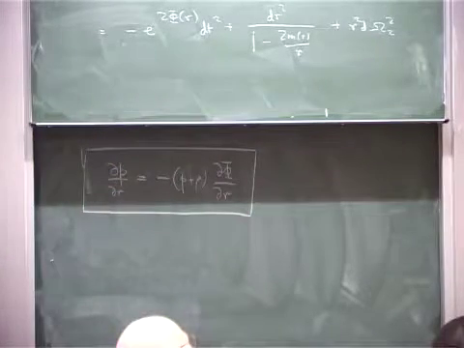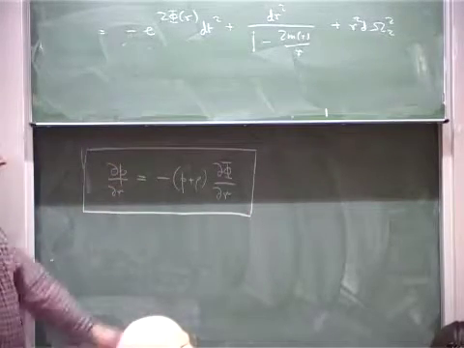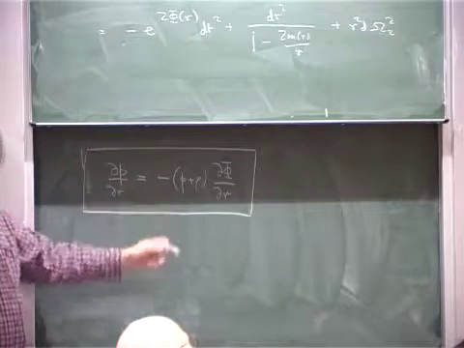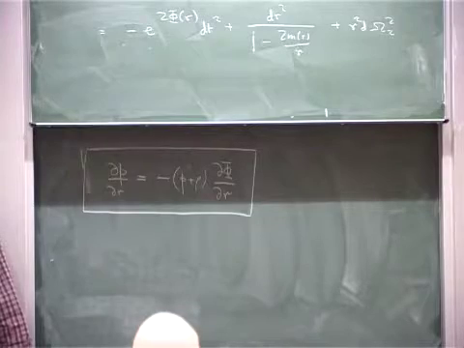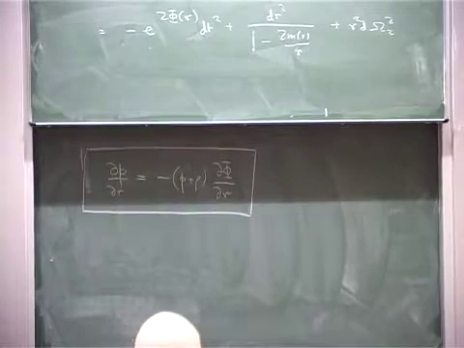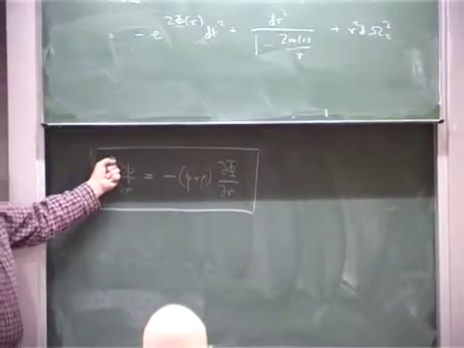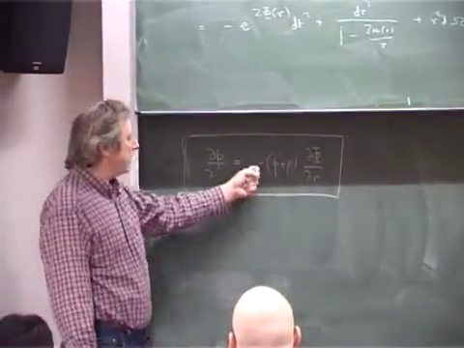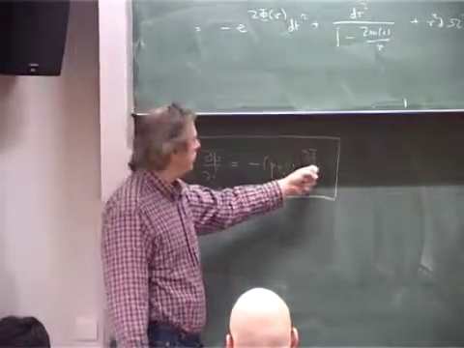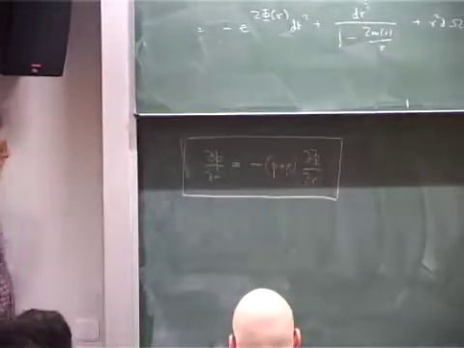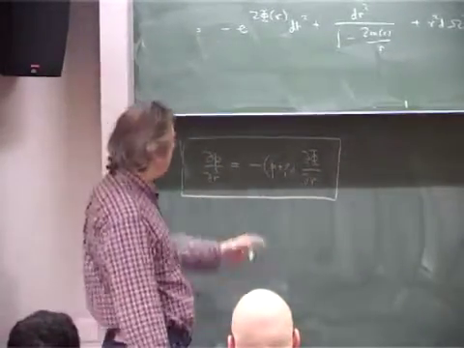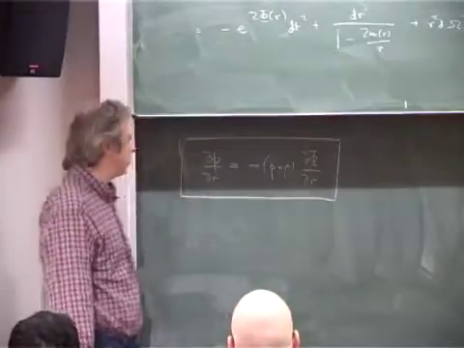Had you been doing Newtonian physics, you would have got the same thing for a Newtonian star. If you think about just looking at hydrostatic equilibrium in a gravitational field, you would get dp/dr is equal to minus the density times g. But g is just d phi/dr. So this is basically the same thing as a Newtonian equation, with phi being the Newtonian potential.